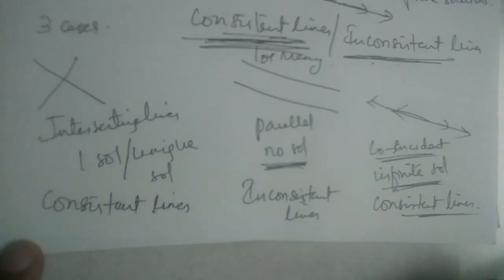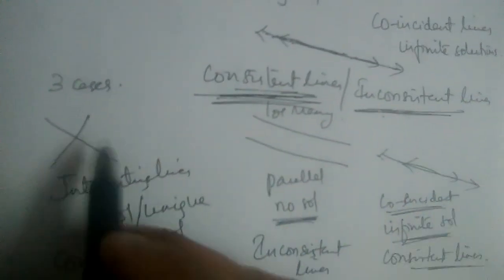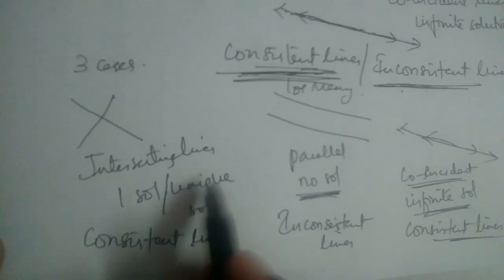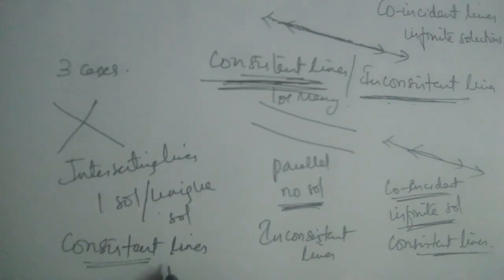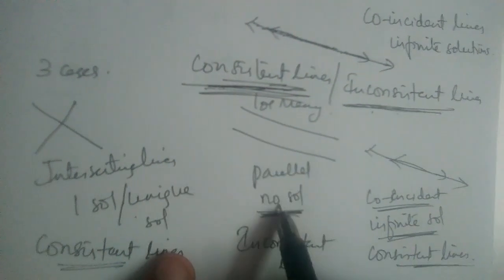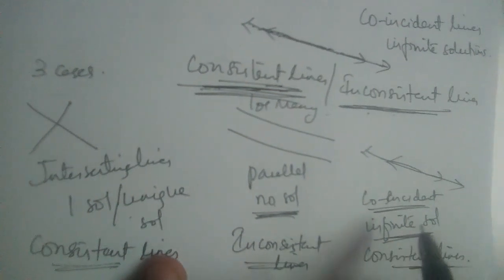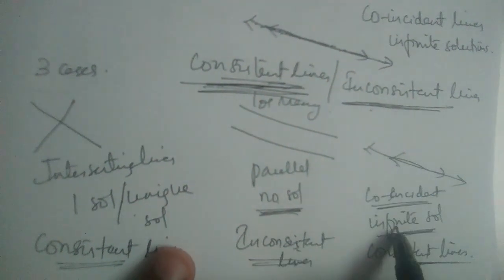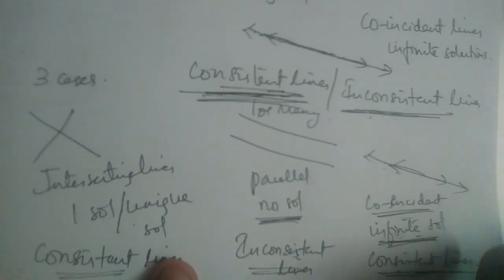All right. So we'll have 3 cases: intersecting lines, one solution, consistent lines. Parallel lines, no solutions, inconsistent lines. Coincident lines, infinite solutions, and consistent lines.